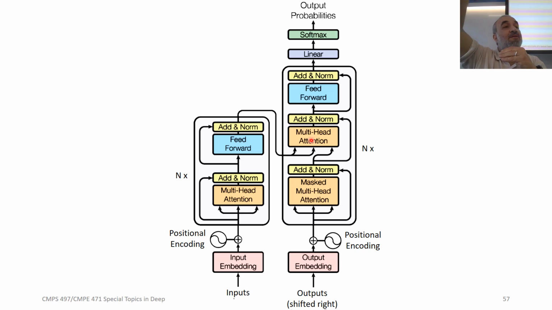It's just another representation, but it's much better because it's going through this attention multiple times at multiple levels. So this is called representation learning, by the way. We are learning representations here. We are not doing any specific learning task. We are just learning better representations of text in this case.